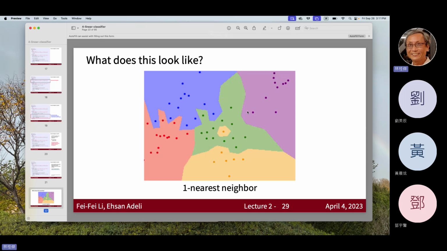So if you are, say here, these are the original training data set. Each one of them is a different class. This could be the set of cats, this could be the set of dogs, this could be the set of airplanes, and this could be something else.